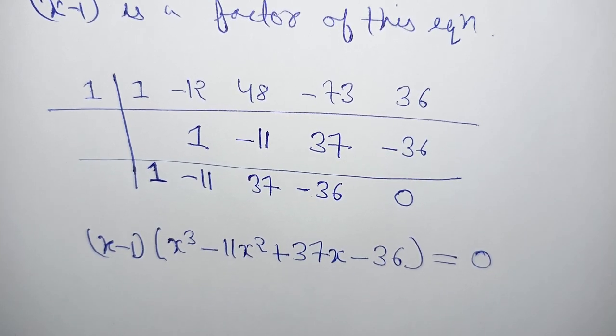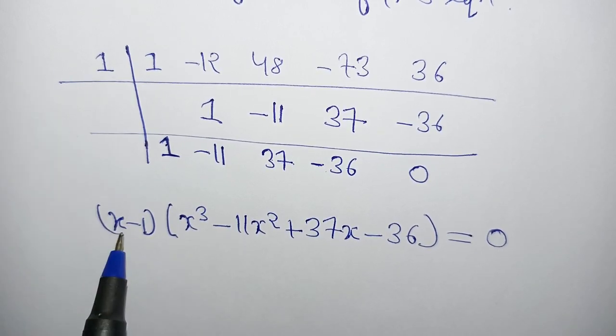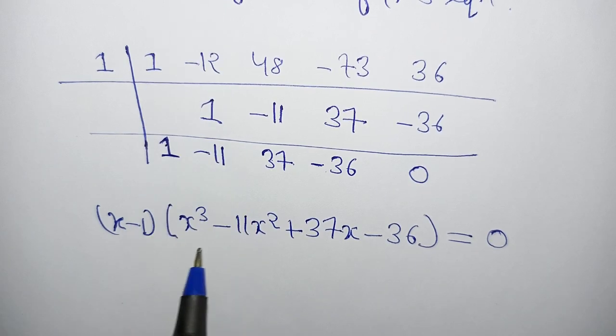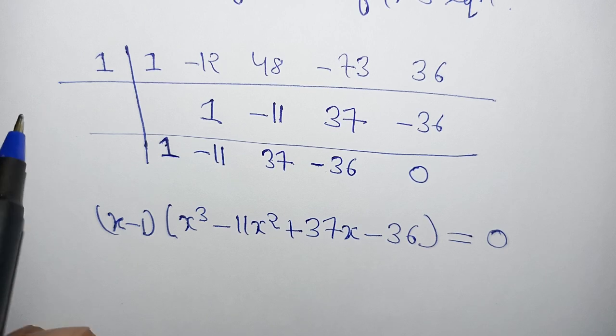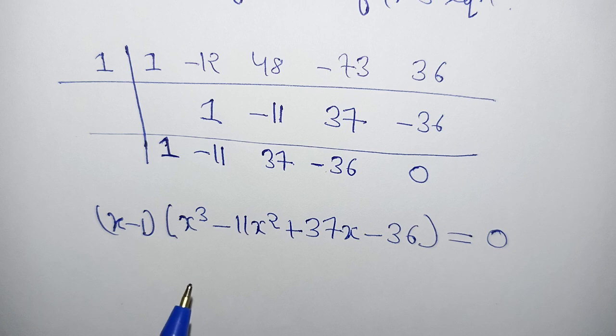So this is the short trick to divide the original equation by x minus 1 in a few minutes. Otherwise you have to divide the whole equation by x minus 1 and then you get these terms. That will be a lengthy process. This is the short trick.